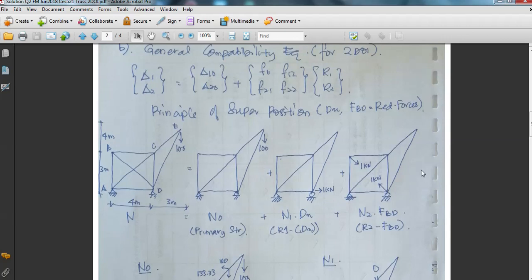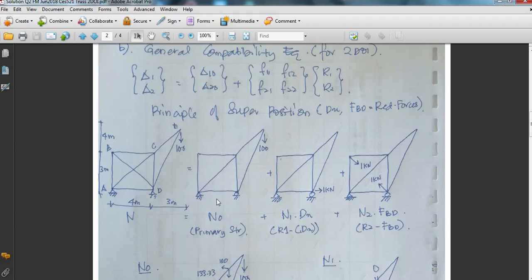After you sketch your principle of superposition, next we will calculate the axial force N0, N1, N2. N0 refers to the primary, N1 refers to redundant number 1, and N2 refers to redundant number 2.